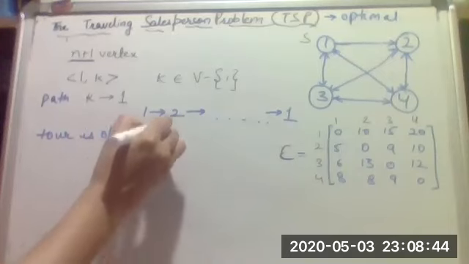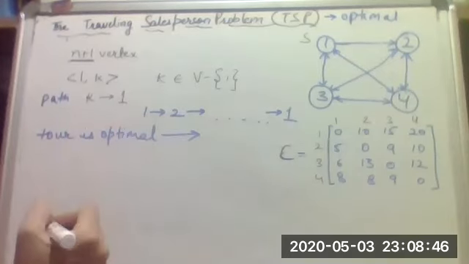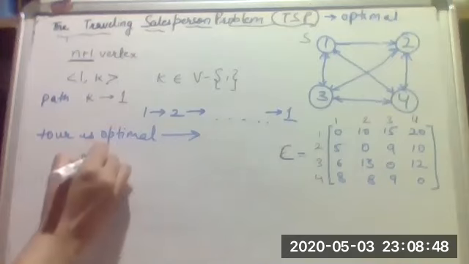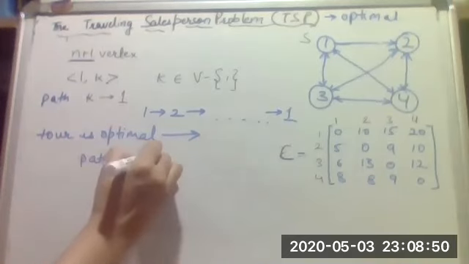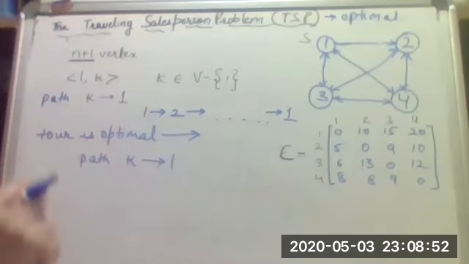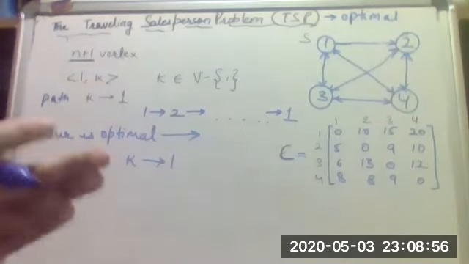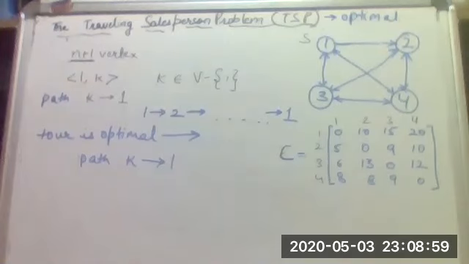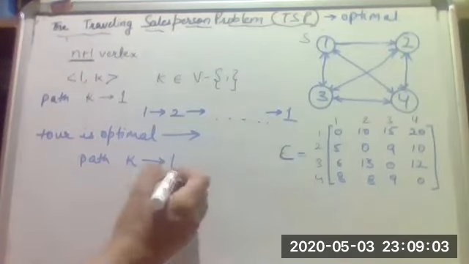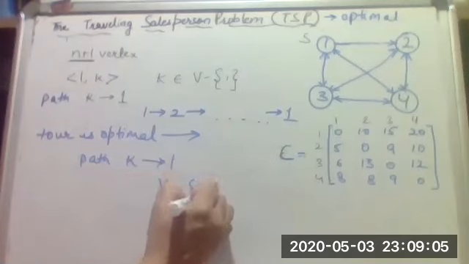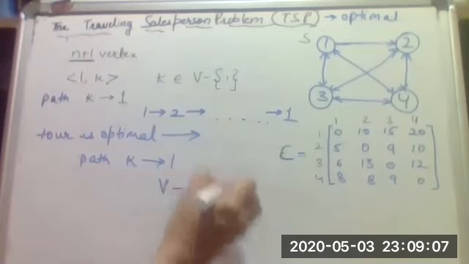If we are considering that, what we mean is that the path from k to 1 must be the shortest k to 1 path going through all the vertices that are there in this set.